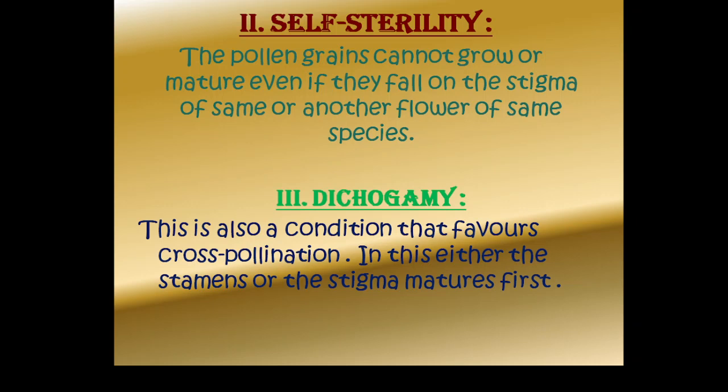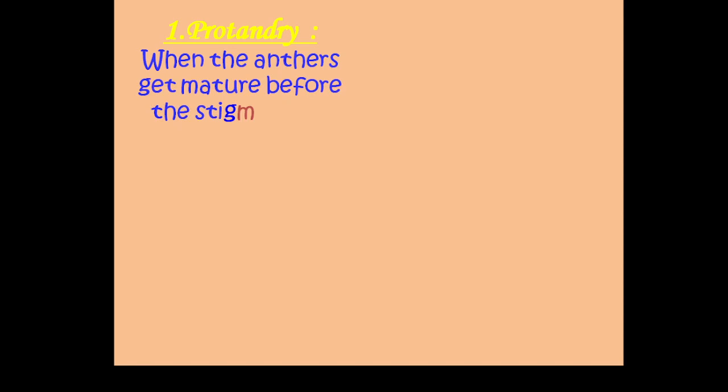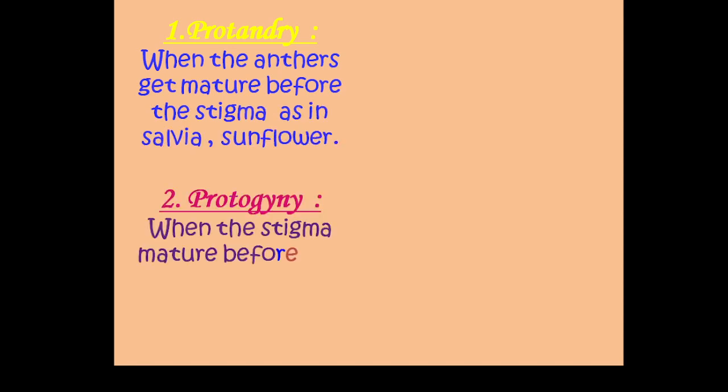Dichogamy is mainly of two types: protandry, when the anthers mature before the stigma, and protogyny, when the stigma matures before the anthers. See the pictures.